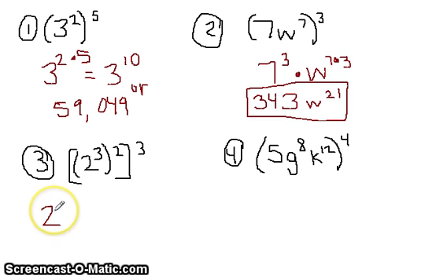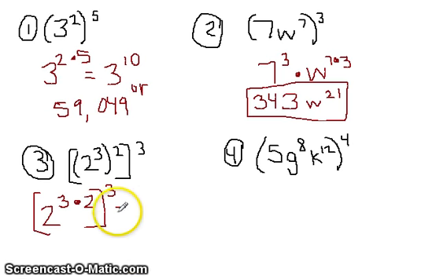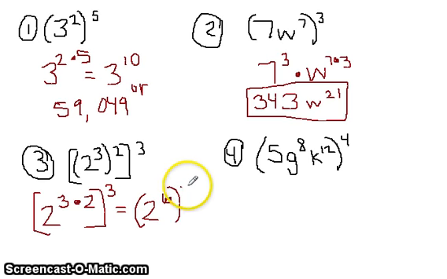So what I really end up doing is having my base of 2 raised to the 3rd being multiplied by 2. And if I do this in steps, I'll do the first step here, and we'll just work on what's inside. And we'll leave that extra cube out here. That's going to give me 2 to the 6th power. And I still have that 3rd out here.